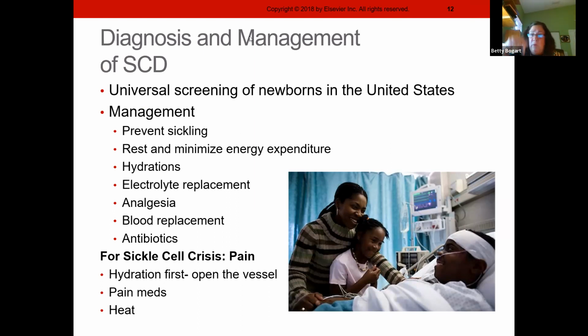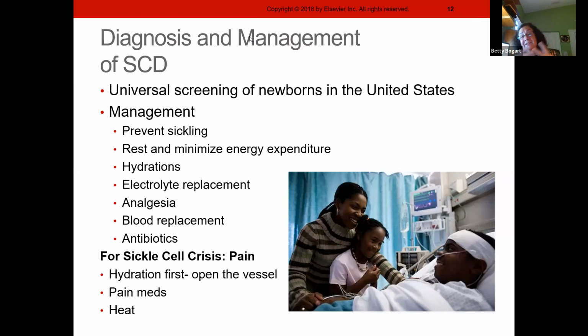So how can we get that blood through that bifurcation in the vessel? First of all, number one thing you do, hydrate that child, okay? When you hydrate, give a bolus of fluid, you're going to dilate the vessels, therefore allowing the blood to go through. Immediately with the bolus, we're going to be giving those pain meds also.